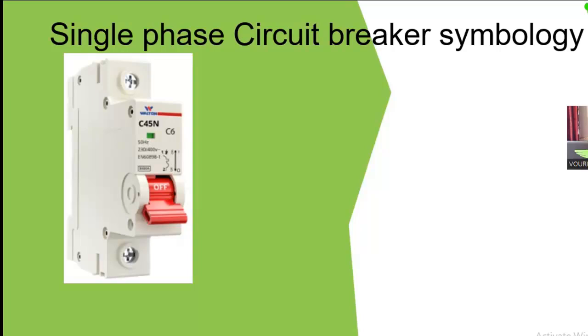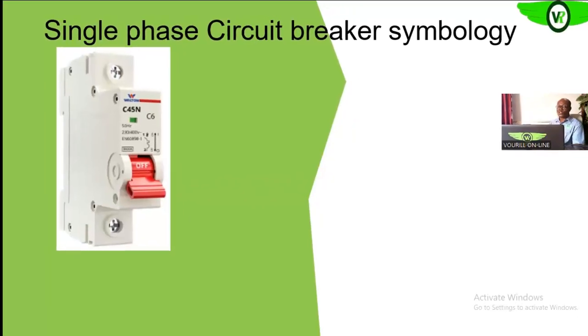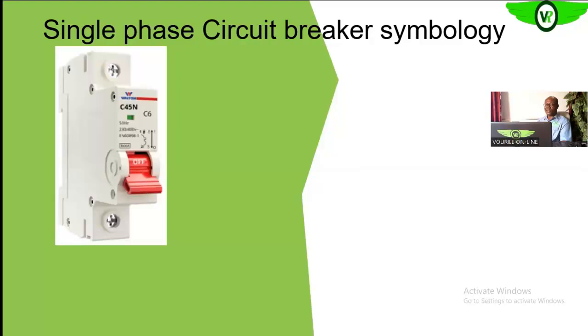It has some advantages over the fuse, because once the fuse fuses, you need to replace that fuse or replace the element. But in the case of the circuit breaker, all you need to do is reset it once it trips, by switching it off and then on again.